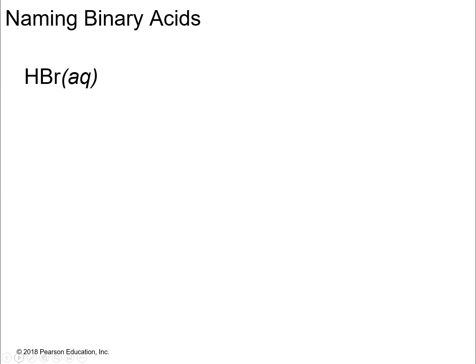Let's do one more example. Start with hydro. Br is bromine. We're going to keep the first syllable, brom, and replace the rest with IC.